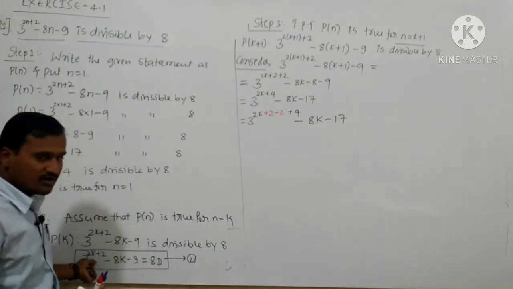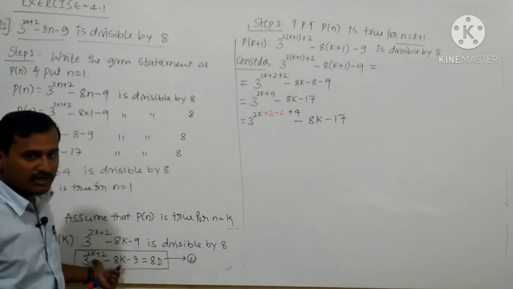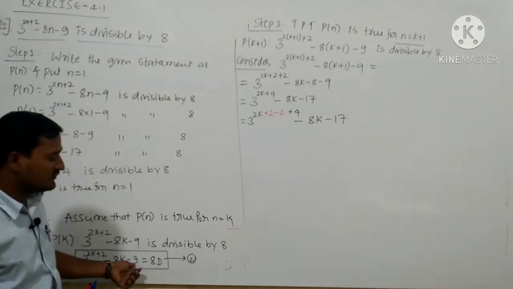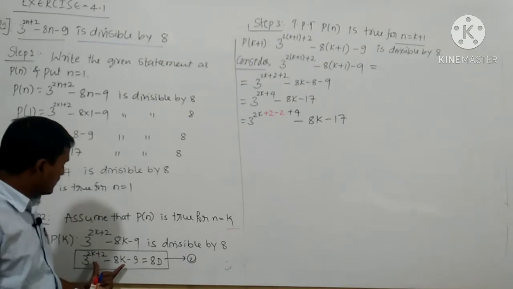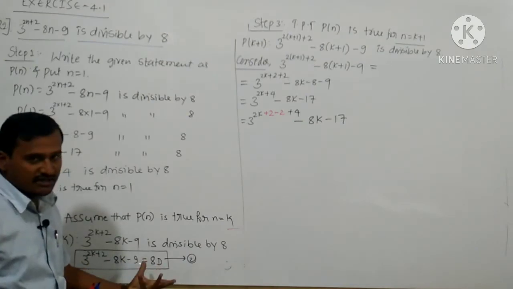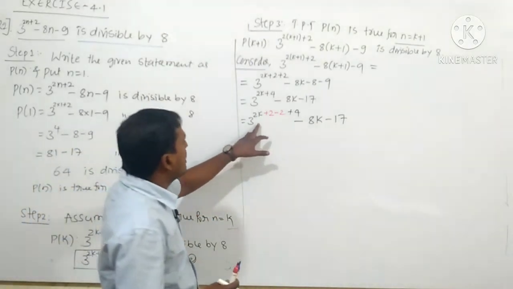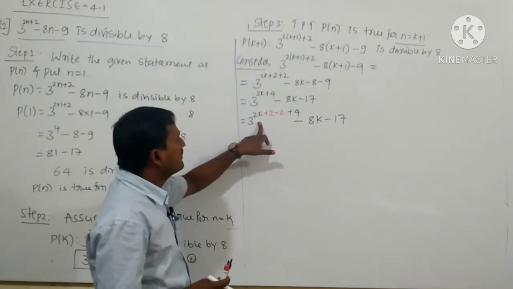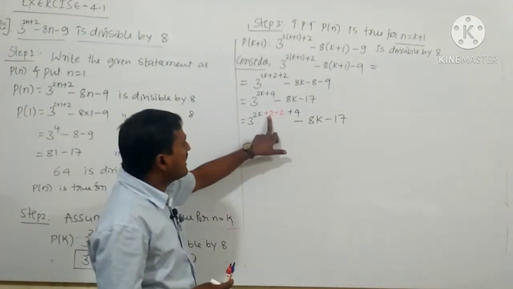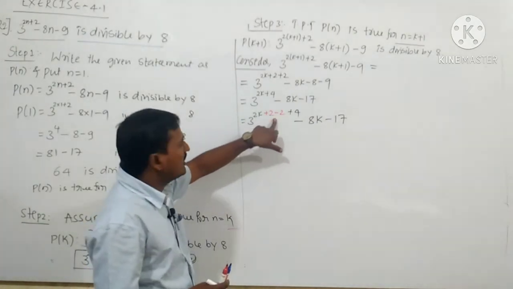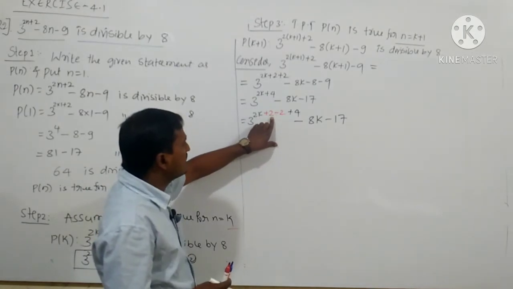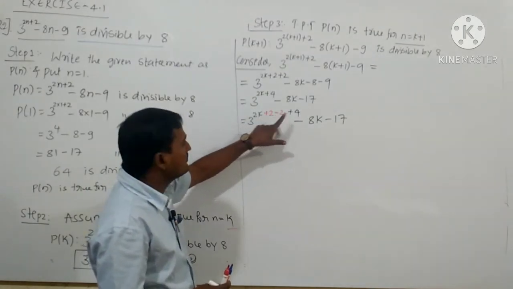Whenever I get 3 to the power 2k plus 2 minus 8k minus 9, then we have to replace the value of this by 8d. So here I have done the power of 3. Here I have added and subtracted 2. Again here minus 2 and plus 2 will get cancelled. So again here we are getting 2k plus 4 only.